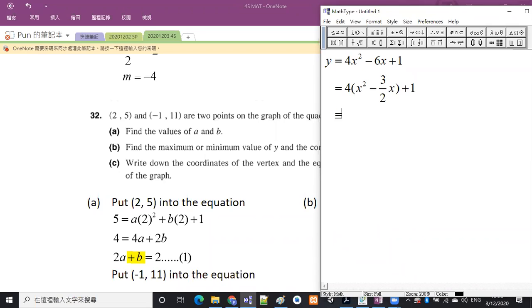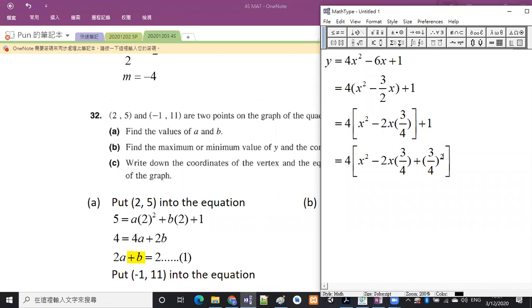Then we write x squared minus 2x times 3 over 4, plus 3 over 4 squared, and subtract it away immediately.